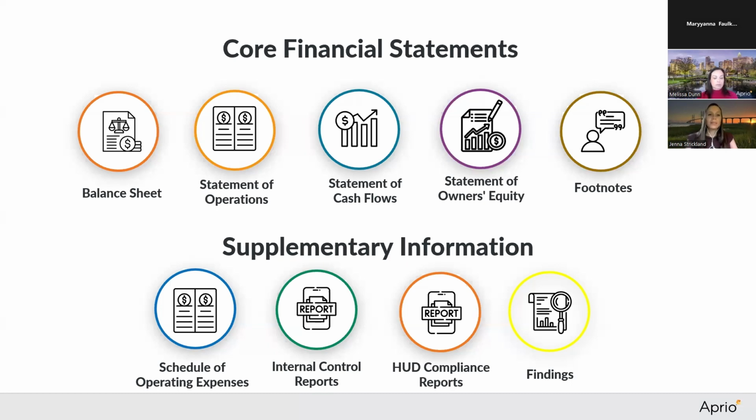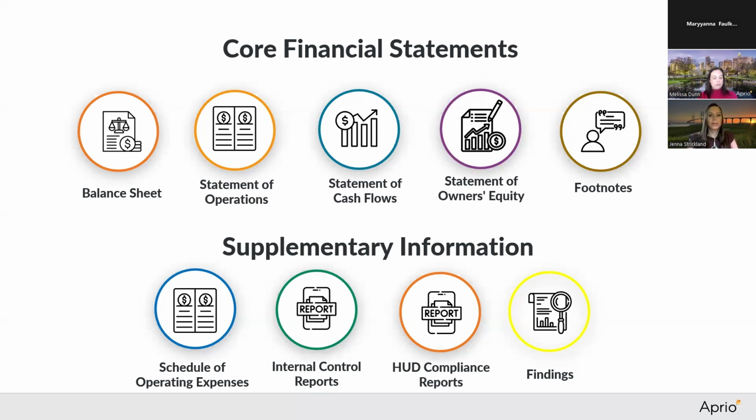If you have a HUD audit, we mentioned HUD funding being a big part of affordable housing. Those are going to require HUD compliance reports that are really telling HUD, are you doing what you're supposed to do? Are you following HUD's rules? And if not, where are the areas where you could have some improvement. And then the findings really talk about if you do have internal control problems or issues with your HUD compliance.